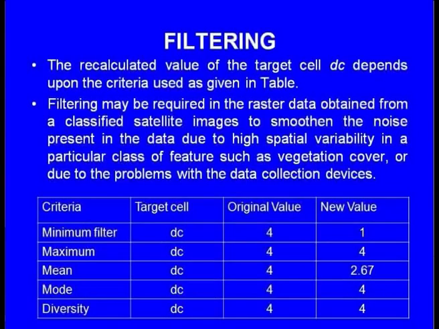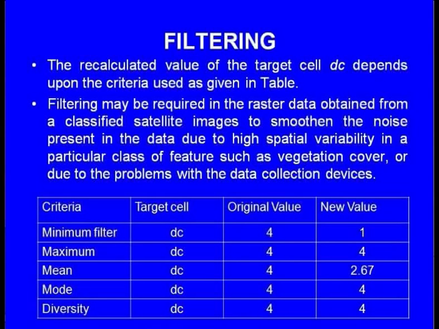When I apply a minimum filter to the target cell, which has a 3 by 3 window, the new value assigned to the target cell would be 1, because the minimum value amongst the 8 neighborhood around the target pixel or cell is 1. If I apply the maximum filter, then about the 8 neighborhood points about the target pixel, the maximum value is 4.